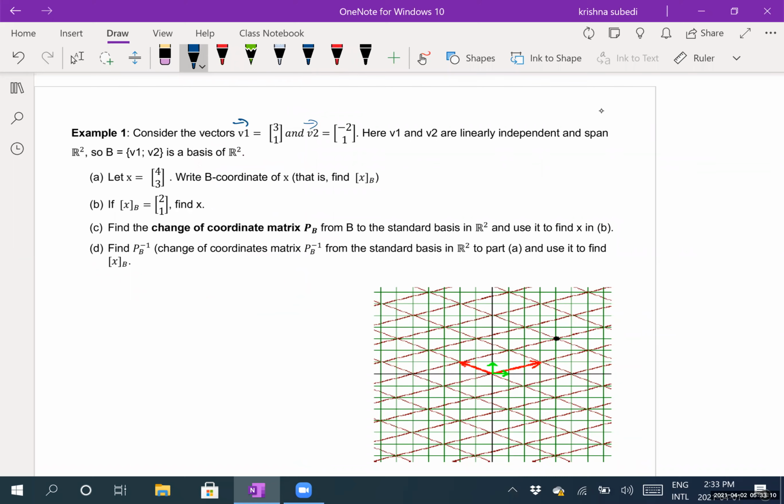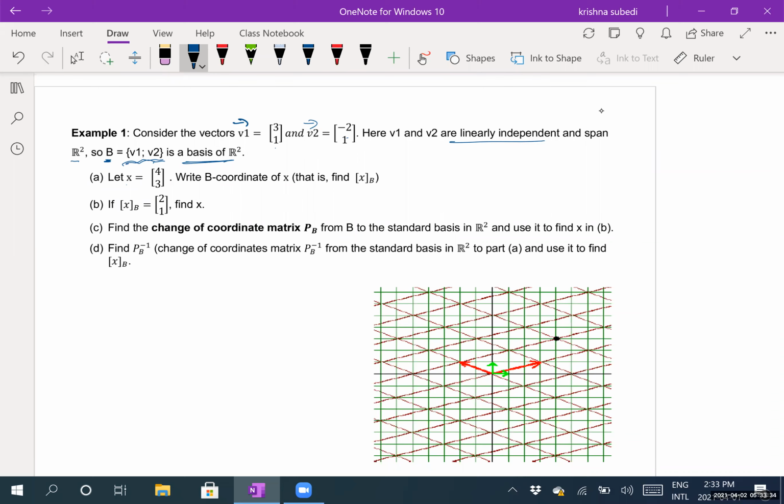Here V1 and V2 are linearly independent and span R2. So B is a set that has these two vectors V1 and V2, which is actually the basis for R2. That means R2 can be generated by some linear combination of these two vectors.